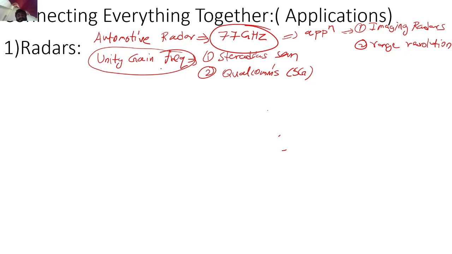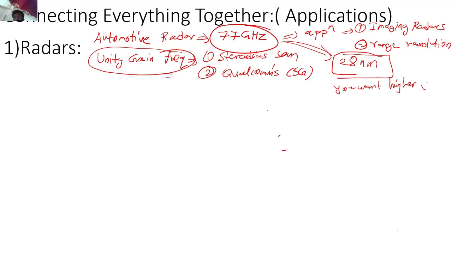Now, using the same unity gain frequency concept, to develop this 77 gigahertz radar they chose the 28 nanometer technology node. Why was this chosen? Because you want a higher FT, and that can only happen as you reduce the channel length, right?